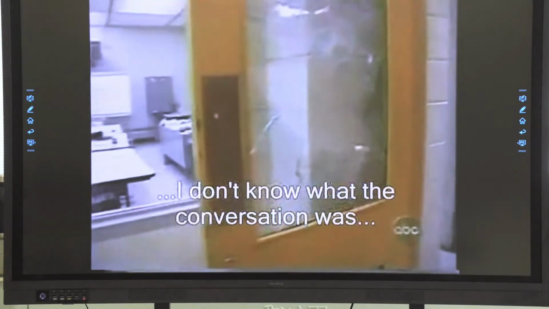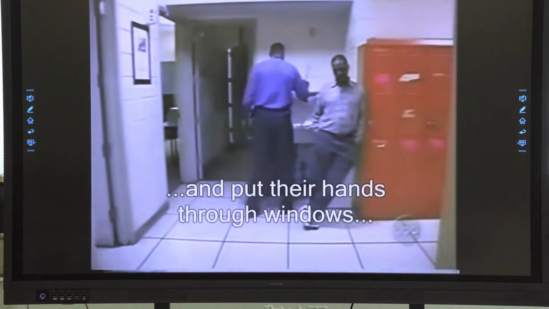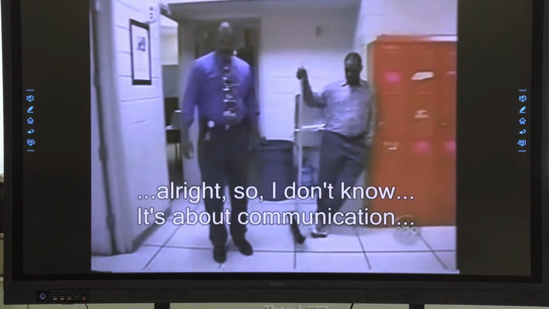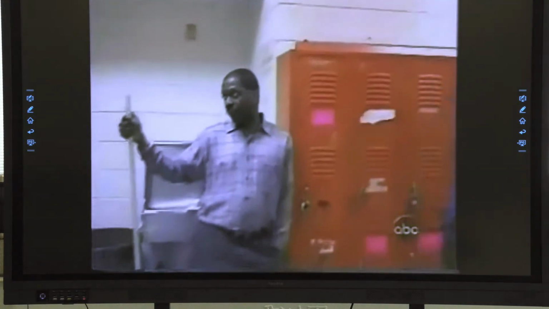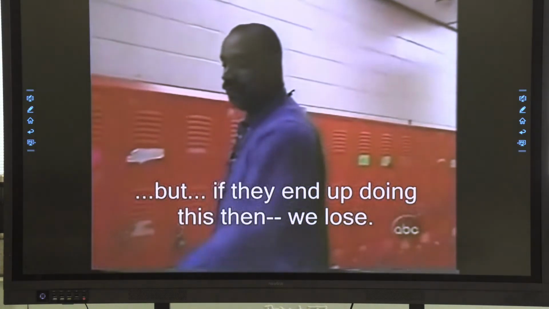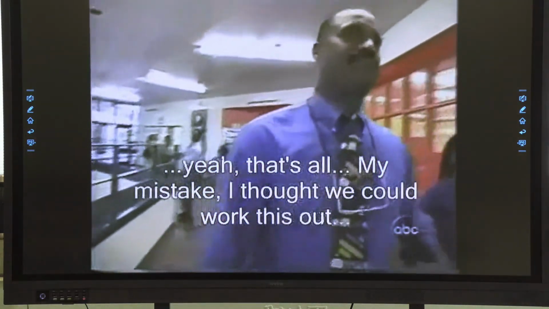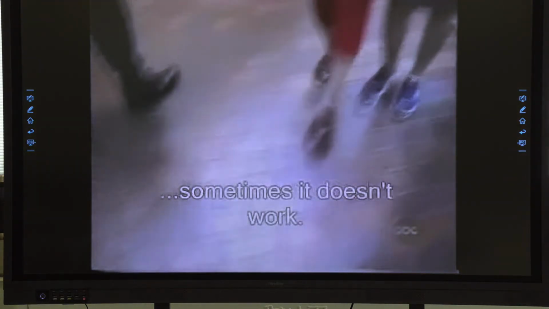I don't know what the conversation was, but I know that nobody likes it when kids get angry and put their hands through windows. It's about communication. Sometimes we hit it, sometimes we don't. But if they end up doing this, then we lose. My mistake. I thought we could work this out. Sometimes it doesn't work. Damn.